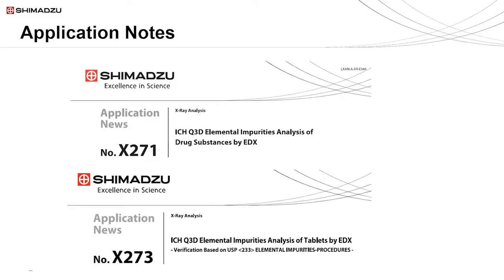Okay, so we're going to go into some data here. What I want to emphasize is that all the data is coming from marketing materials that Shimadzu has previously published. I'm just showing two of the application notes that have some of the data I'm about to show, but there are actually quite a few application notes out there, as well as some white papers, manuals, and a lot of marketing material.